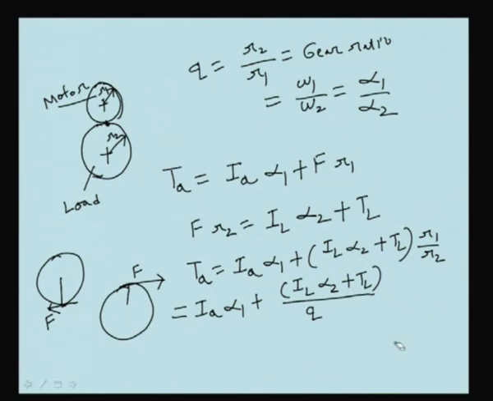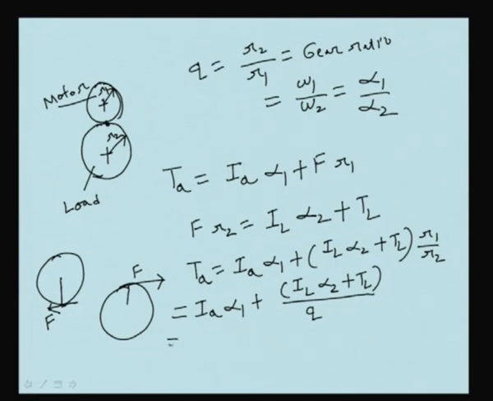Now, you have to find out the gear ratio for minimum torque. So, for that you do dTA by dQ. Let us first represent TA in that form, because I may say that alpha 2 will be prescribed, that is, load has to accelerate with certain angular acceleration alpha 2, that means pick up of the load.